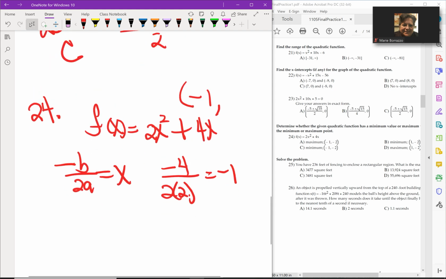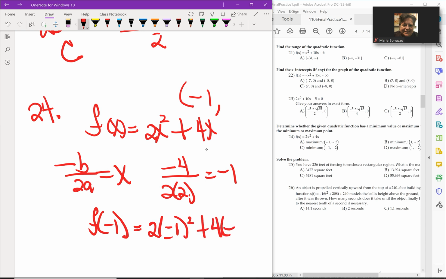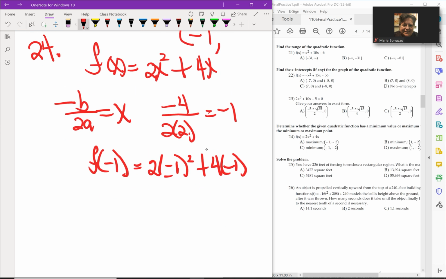And now we're going to plug in to find f of negative 1. We'll find the y, which is equal to 2 times negative 1 squared plus 4 times negative 1. So this is going to give us negative 1 squared is positive 1 times 2 is 2 minus 4, which is negative 2. So our vertex is negative 1, negative 2.